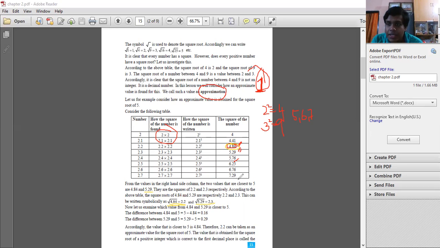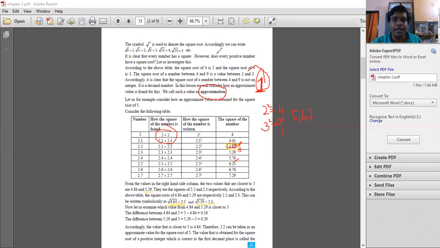When a person says find the square root of 5, what is the first step we are going to do? We are going to find the closest squares, the closest numbers which have a positive perfect square root.